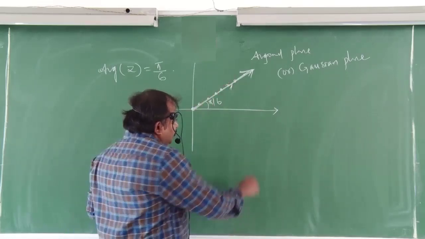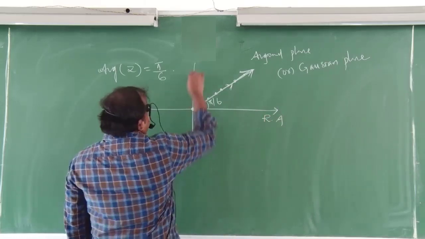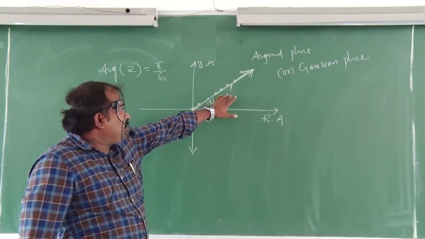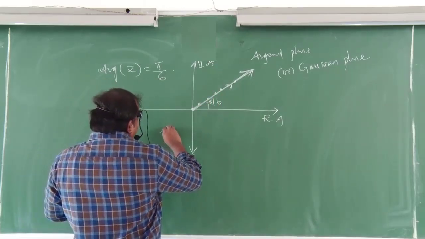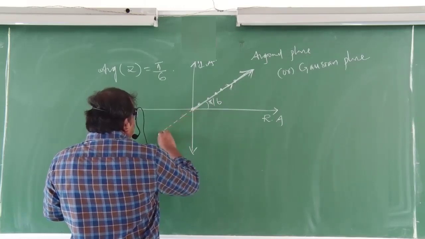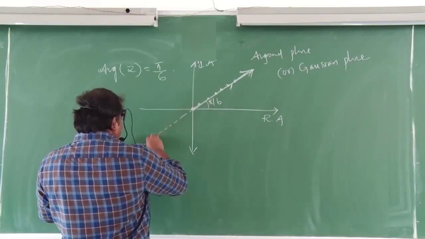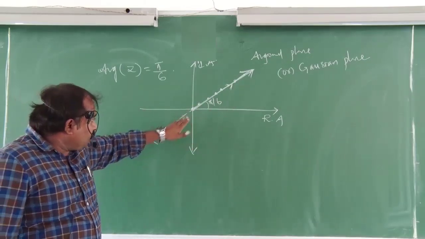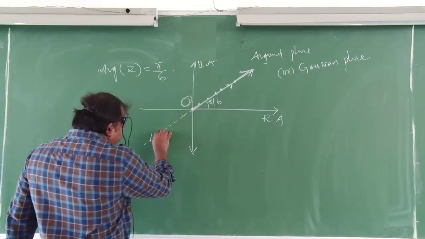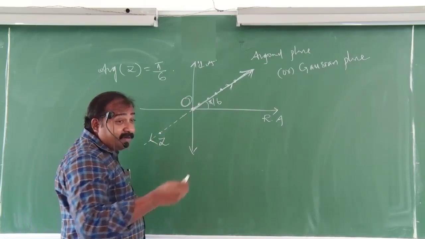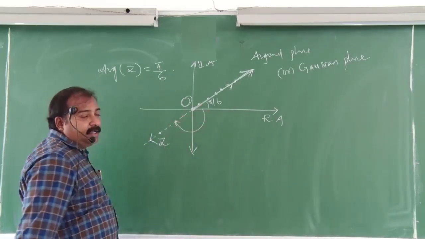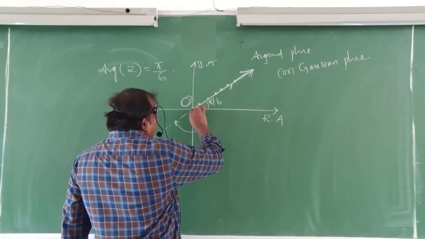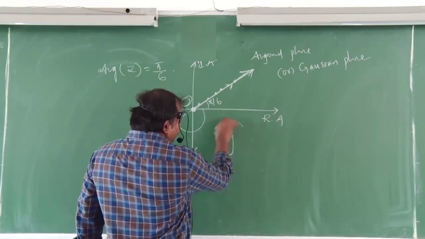Now the question is, this is the real axis and this is the imaginary axis. Argument of z equal to pi by 6. Can I take any point on this side, in this direction also? No. If you take a point here, the argument will be different.